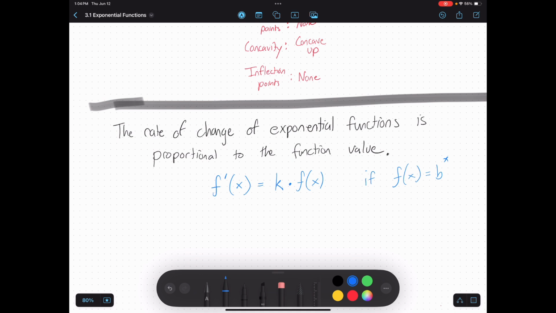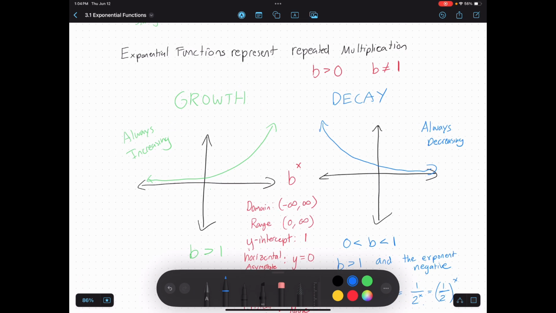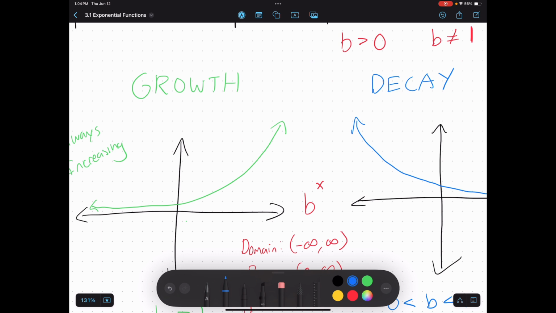And if you think about it, it makes sense because if we come back and look at the graph, the larger the y value, the higher up I get on my function, the faster I'm growing. And the lower I get on my function, the slower I'm growing, right? As I get close to 0, my slope is almost perfectly flat. It's flattening out. But as you get higher and higher, that graph starts growing steeper and steeper. It starts growing faster.